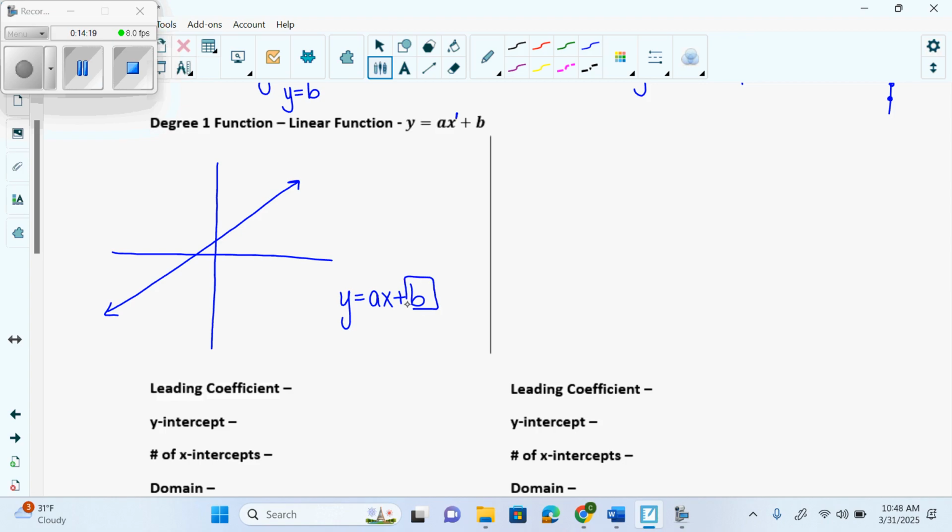B is my what, guys? My y-intercept. So what can you tell me about my y-intercept on this graph? Someone whispered it, and they were right. It is what? I think Ethan, you might have whispered it. It's positive. This bad boy is positive, correct?